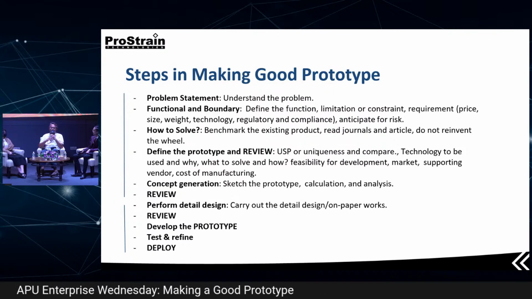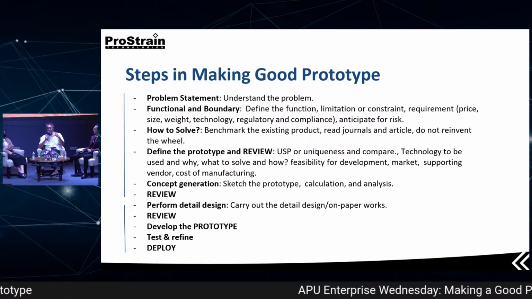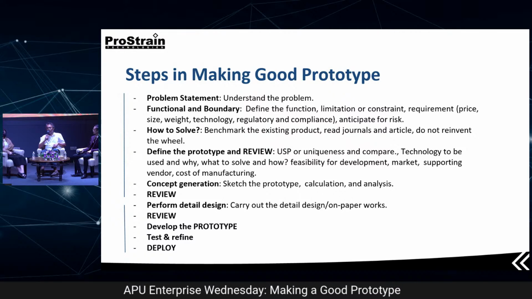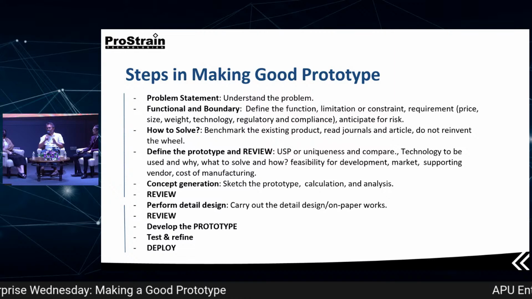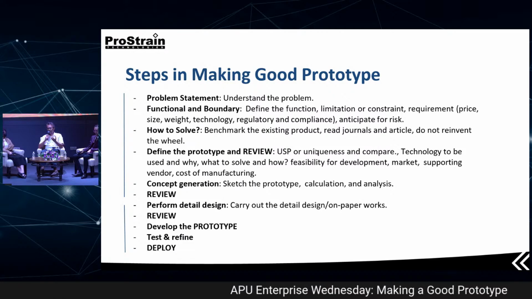So when making a prototype, you have to make sure you know the functional requirements of your prototype. If you want to develop a robot, my company is actually doing a lot of robotics work, so I will give a lot of examples in robotics.